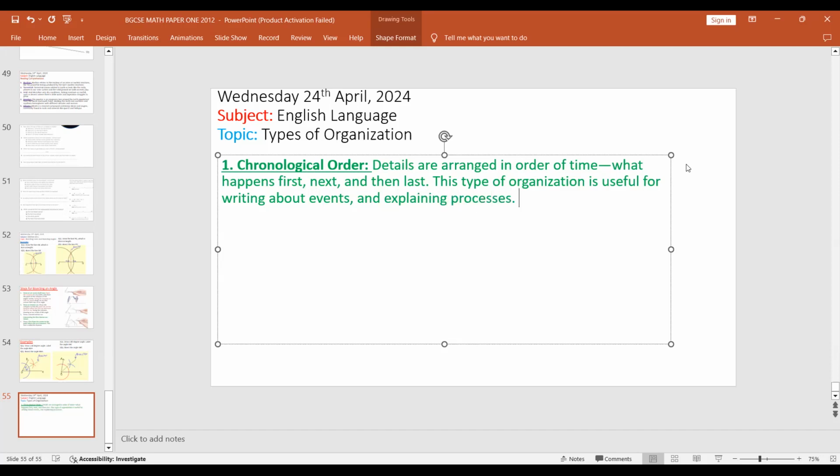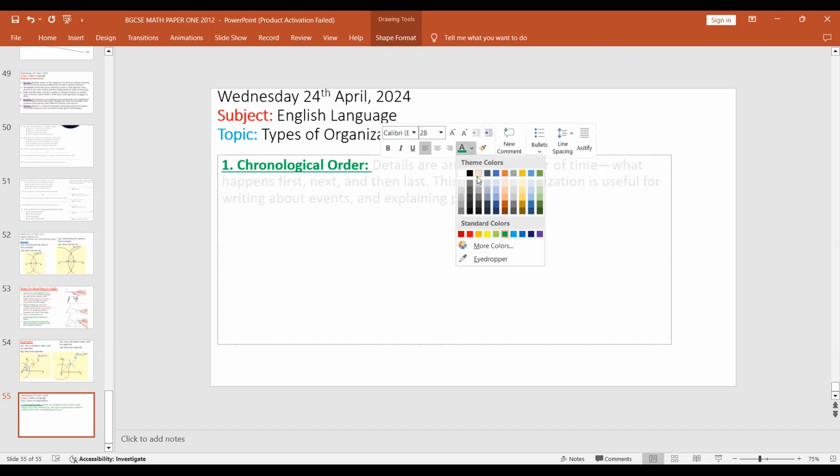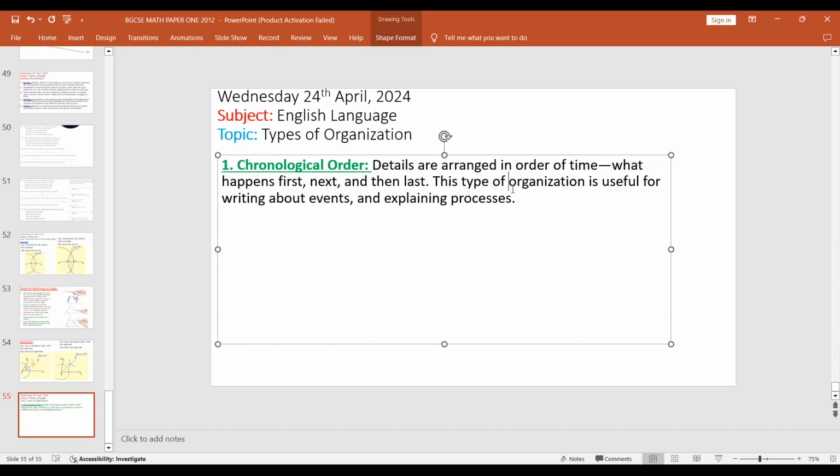If you have to write about an order of events, like what happened first, second, third, you would use chronological order, right? You use it when you're writing about events and when you're explaining processes.